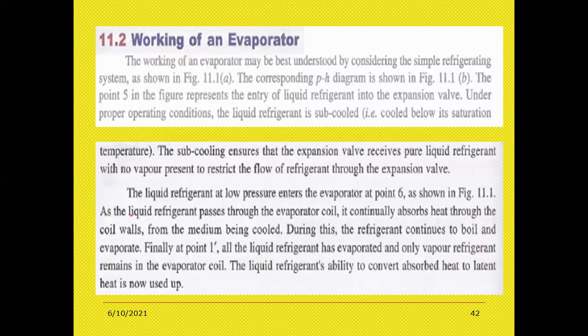The corresponding p-h diagram is shown in the figure. The point 5 in the figure represents the entry of liquid refrigerant into the expansion valve. Under proper operating conditions, the liquid refrigerant is subcooled.